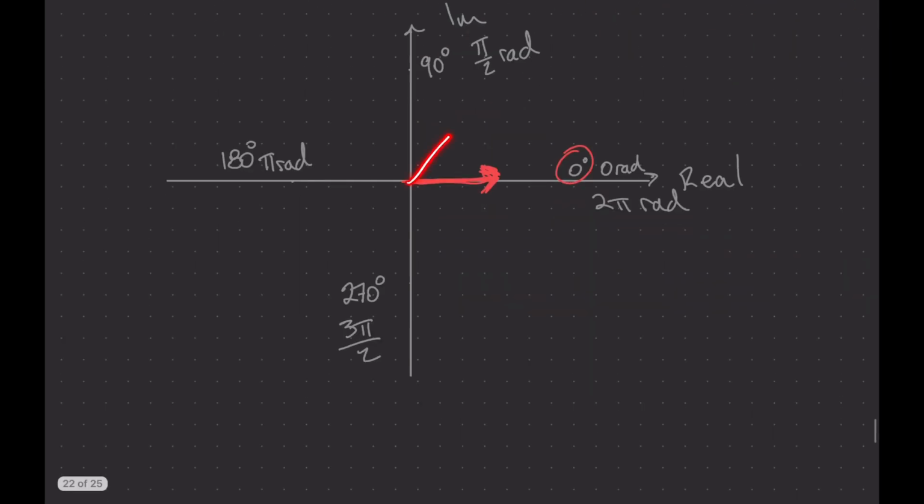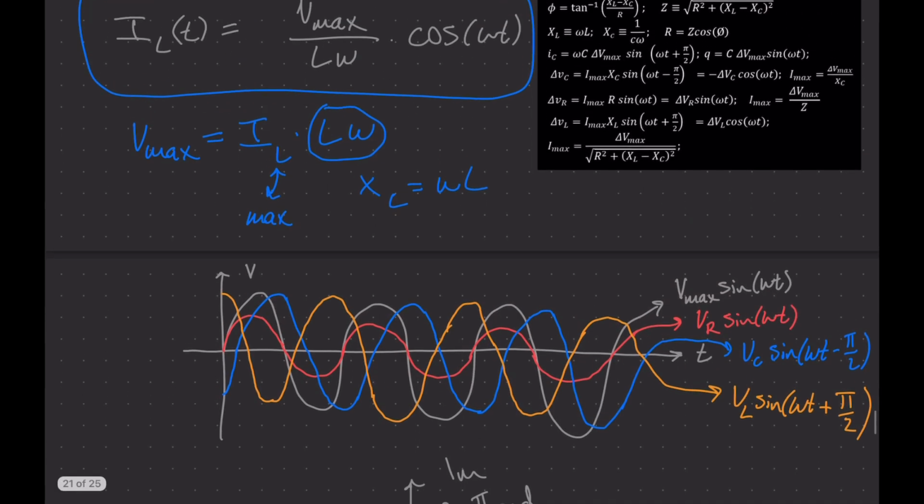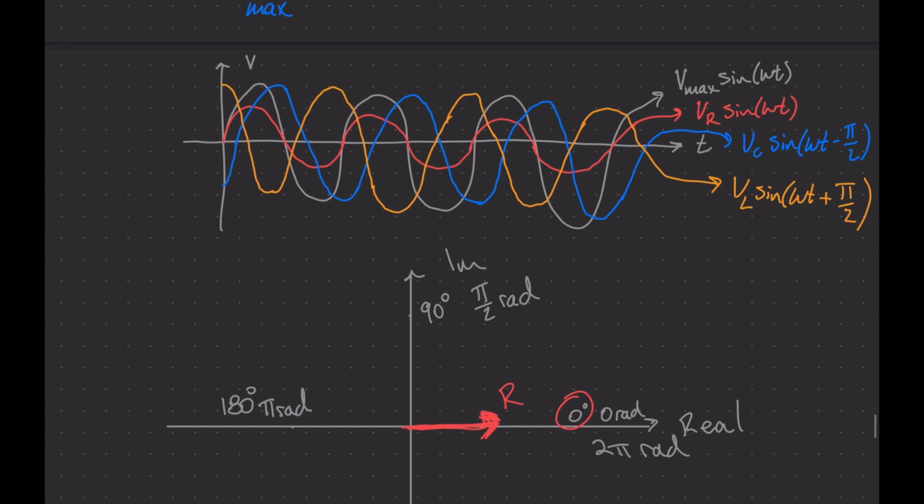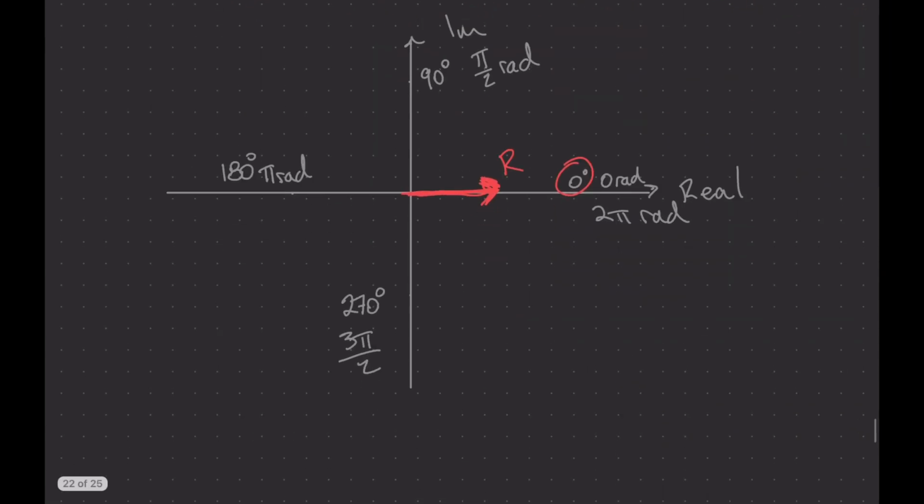If the voltage was somewhere here, then you would also put the resistance vector there. Might be a little bit weird, but for now, let's just plot this as like the R vector. And let's take a look at where we would plot the other ones. So you can see here actually, VC is minus pi over 2. So looking at our thing here, plus pi over 2 goes this way, minus pi over 2 would go this way.